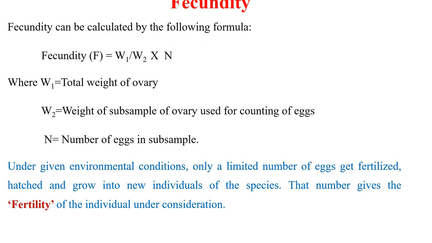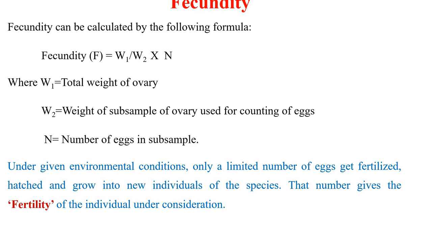Fecundity can be calculated by the following formula. Fecundity F is equal to W1 by W2 into N, where W1 means total weight of the ovary, W2 means weight of the subsample of the ovary used for counting of the eggs.